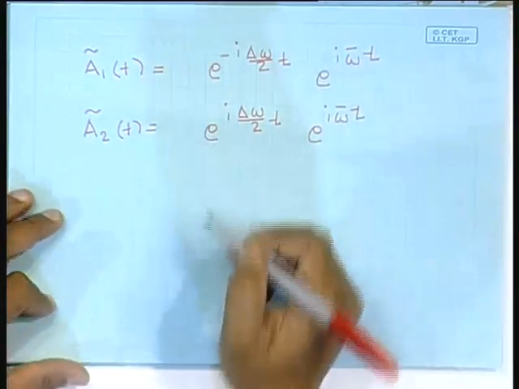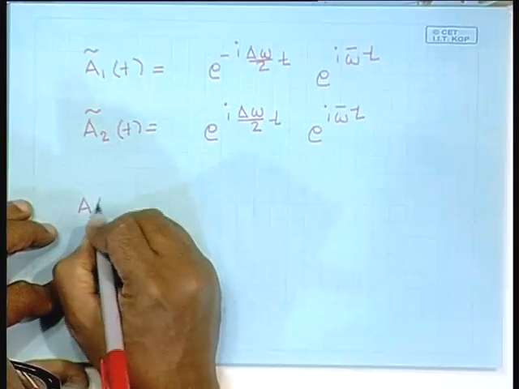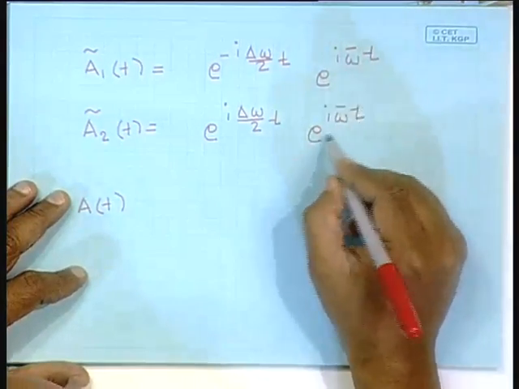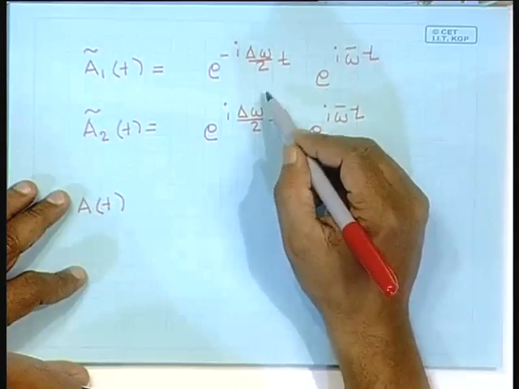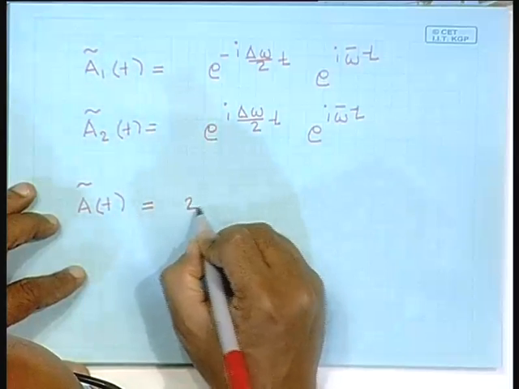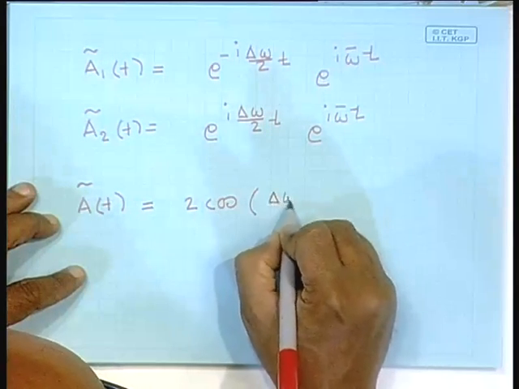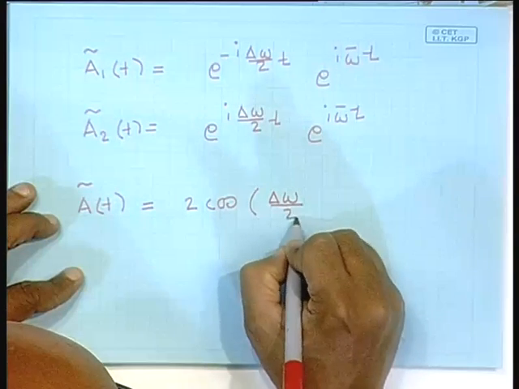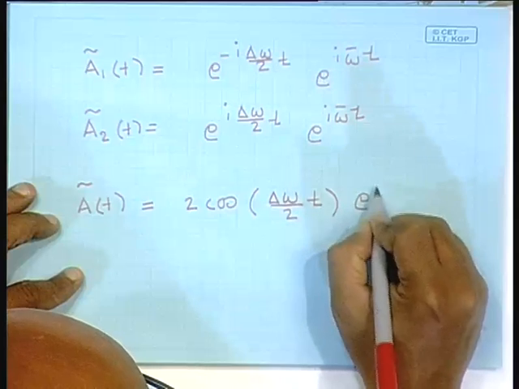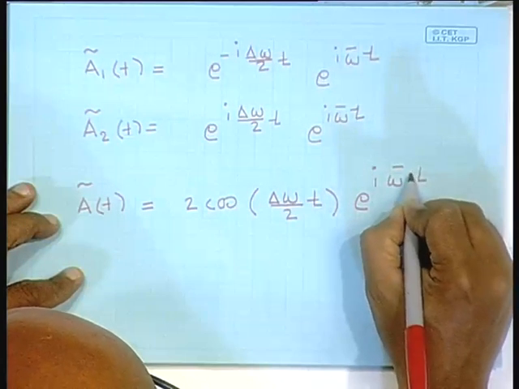When we superpose these two, we have A of t, the sum of these two. This part can be taken common. The sum of these two is going to be 2 cos of delta omega by 2 t, into e to the power i omega bar t.